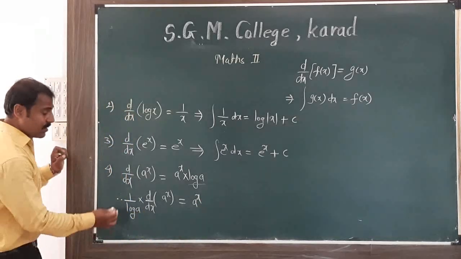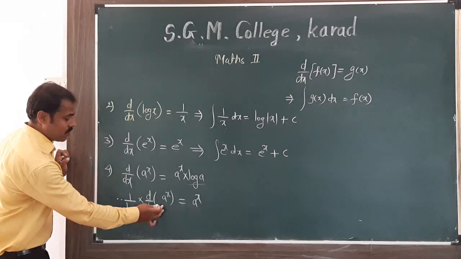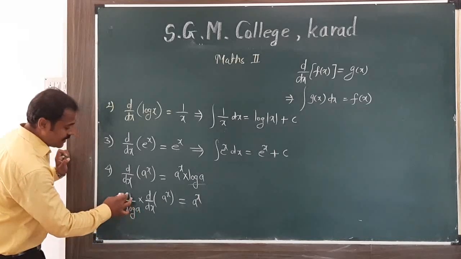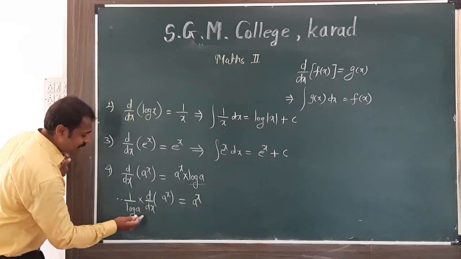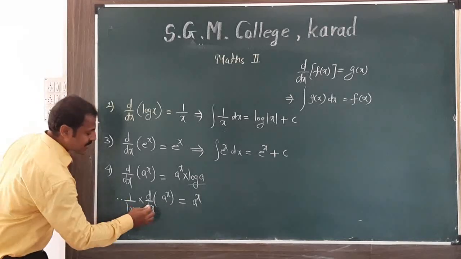Now, if there is a constant inside the derivative, we take it outside the derivative. Now, here the constant is outside the derivative. I can write this inside the derivative, taking 1 upon log a inside the derivative.